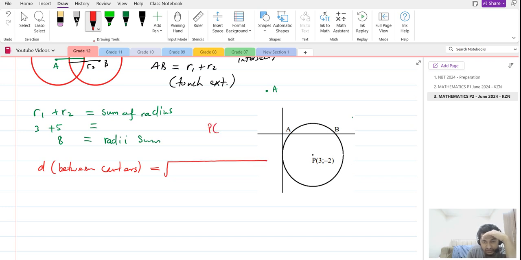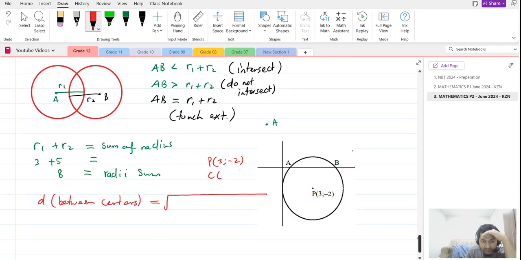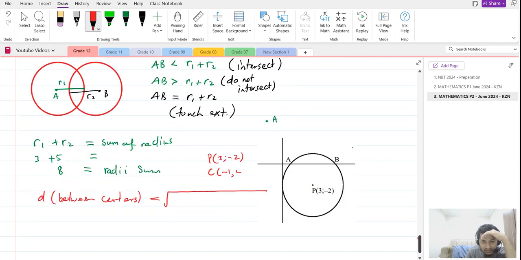The original point was P, 3 and minus 2, and the second point here is C, the center, minus 1 and 4 of the new circle. Taking the distance formula, remember x1 minus x2, we did it in question 1.